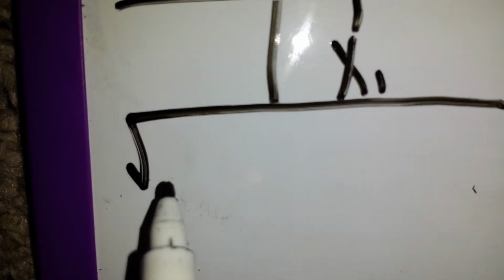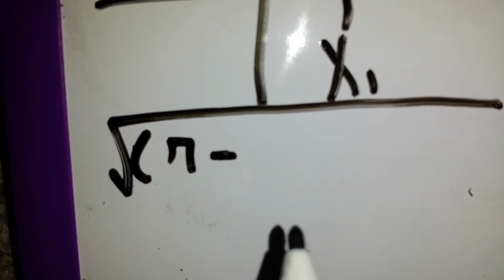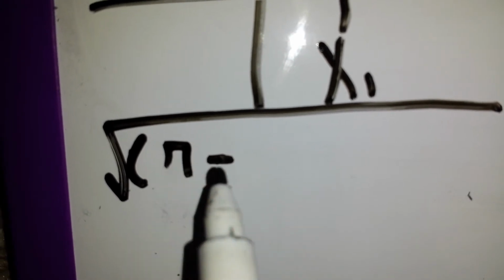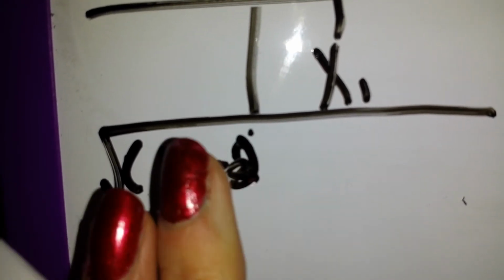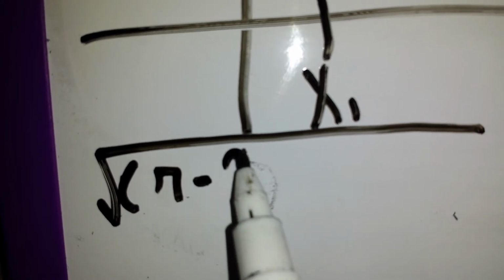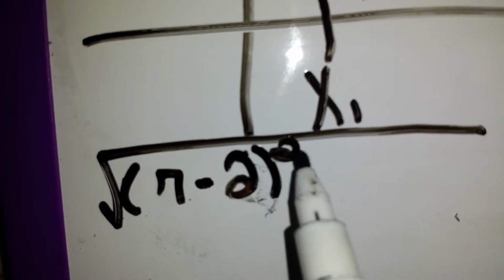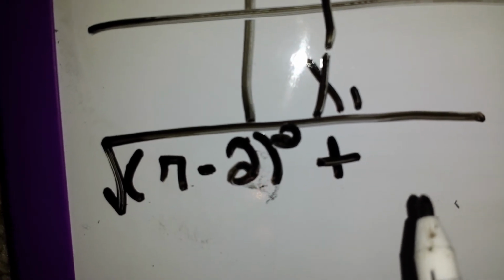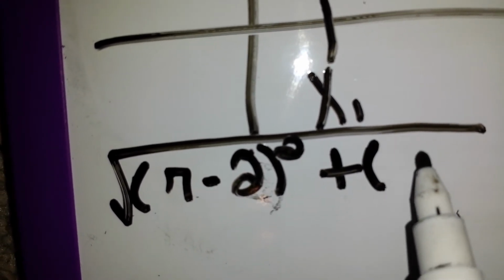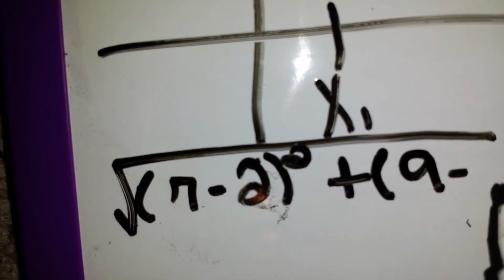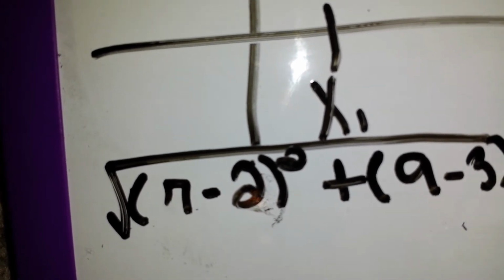So now my x2 would be 7, so we would have 7 minus my x1, which is 2, squared, plus my y2, which is 9, minus my y1, which is 3, squared.